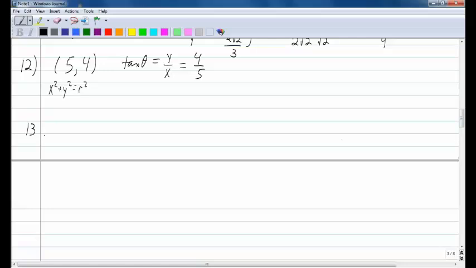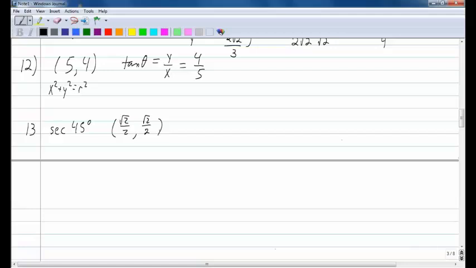Number 13, find the secant of 45 degrees. We need to remember that we associate the angle measure 45 degrees with the point square root of 2 over 2, square root of 2 over 2.